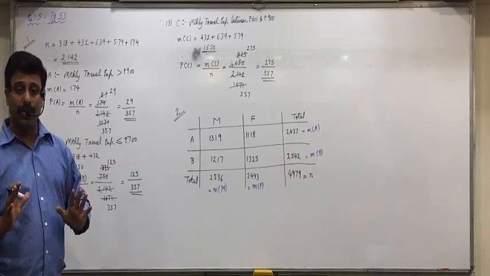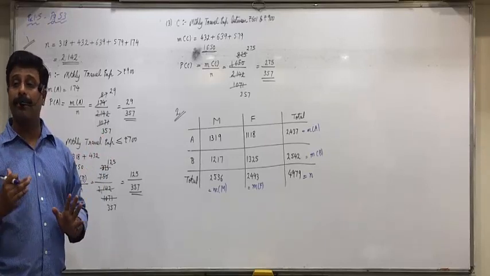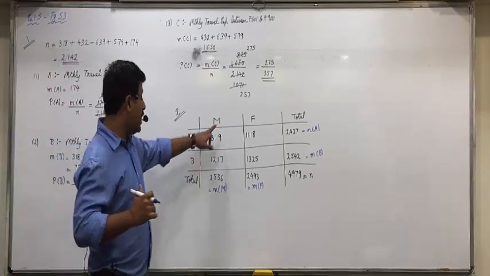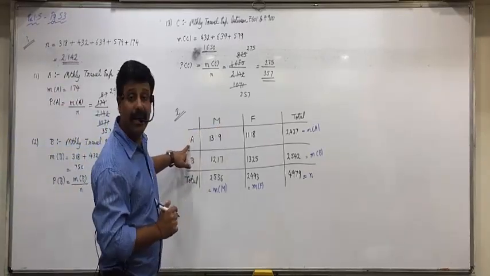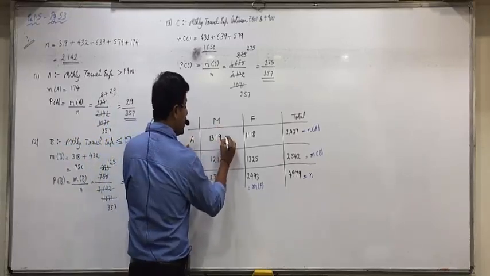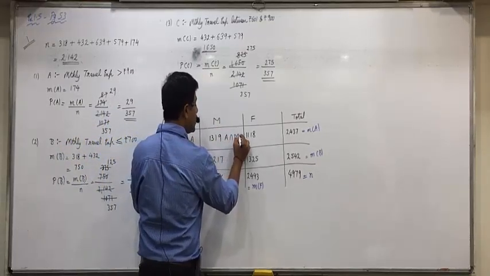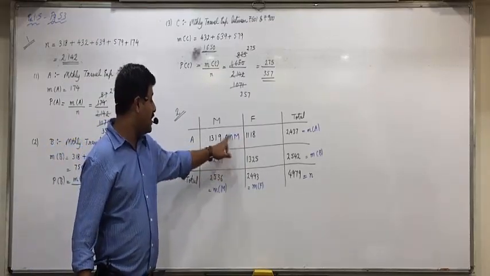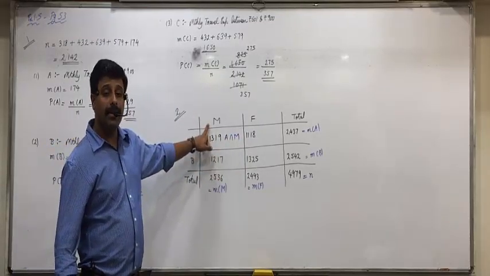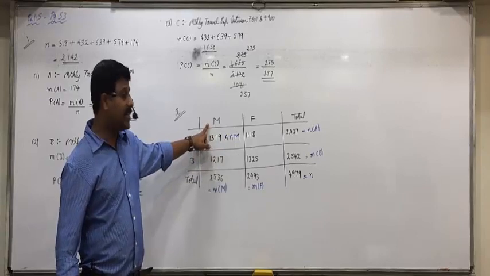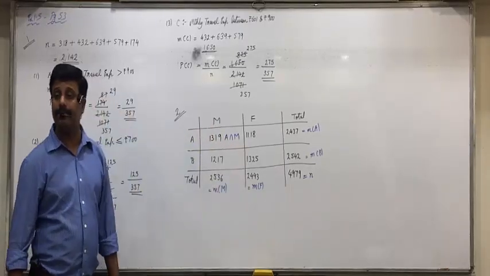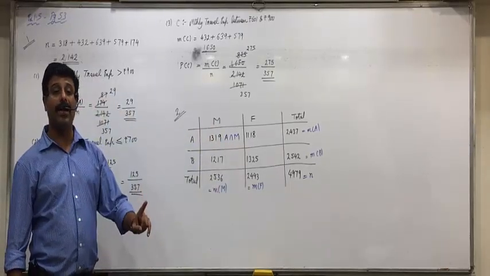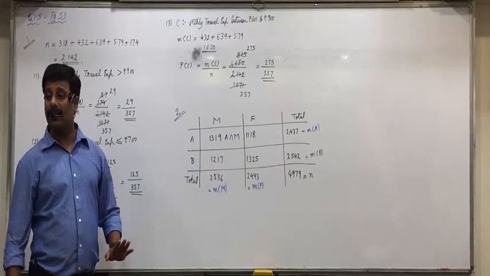Same way if I ask you, what are the favorable outcomes that voter is male and supporter of party A? So can I say 1319 is A intersection M? Voter is supporter of party A and he is a male. Did you understand this? Raise your hand. What is 1118? Raise your hand.